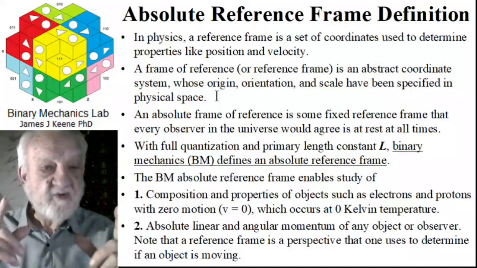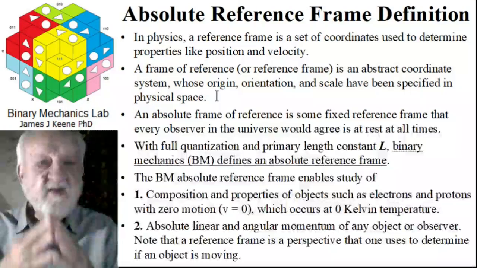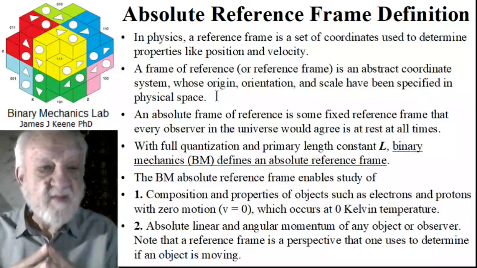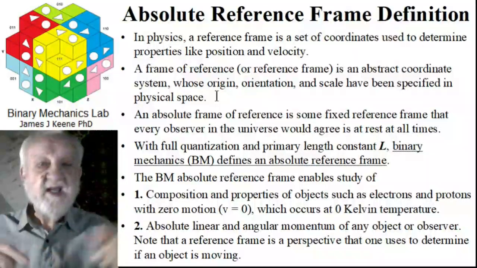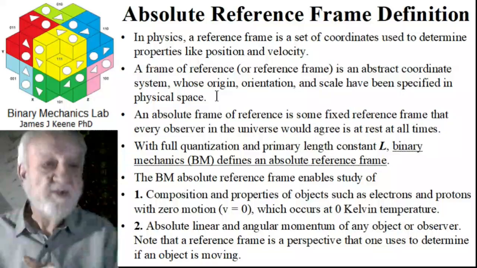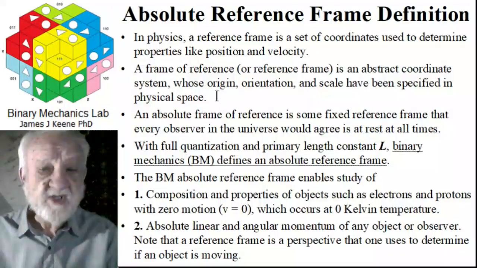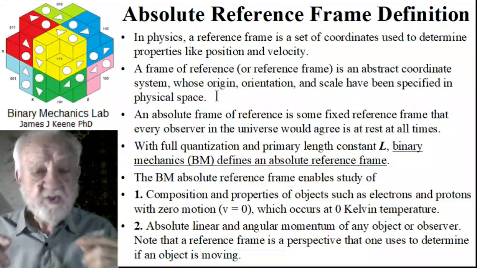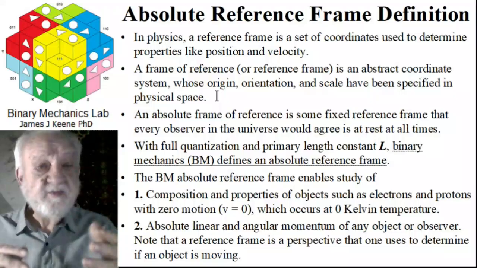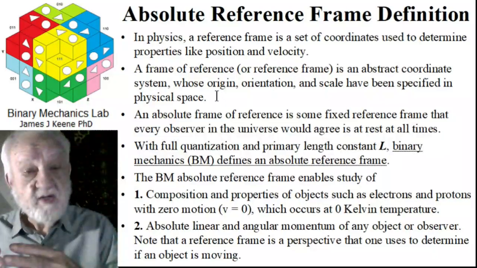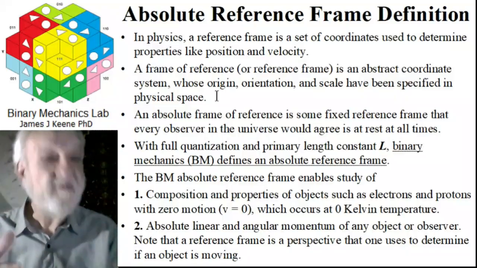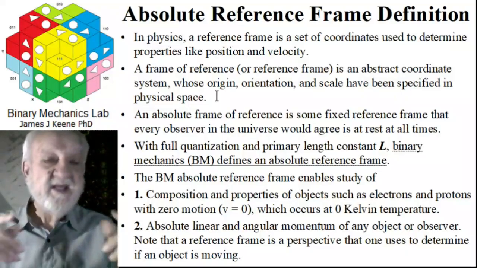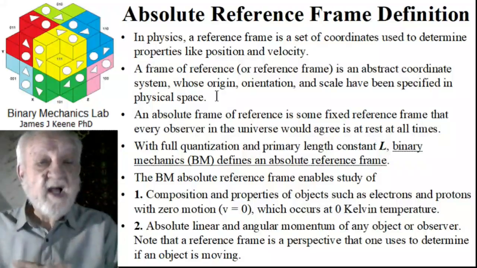An absolute frame of reference is some fixed reference frame that every observer in the universe would agree is at rest at all times. In contrast, for example, in Newtonian physics, an object may be at rest in one reference frame, but moving in another. And Newtonian physics uses the Galilean reference frame idea.